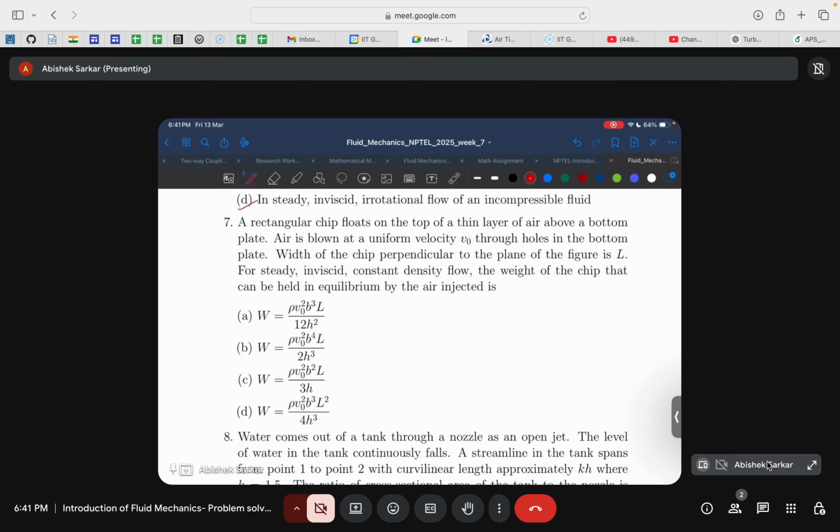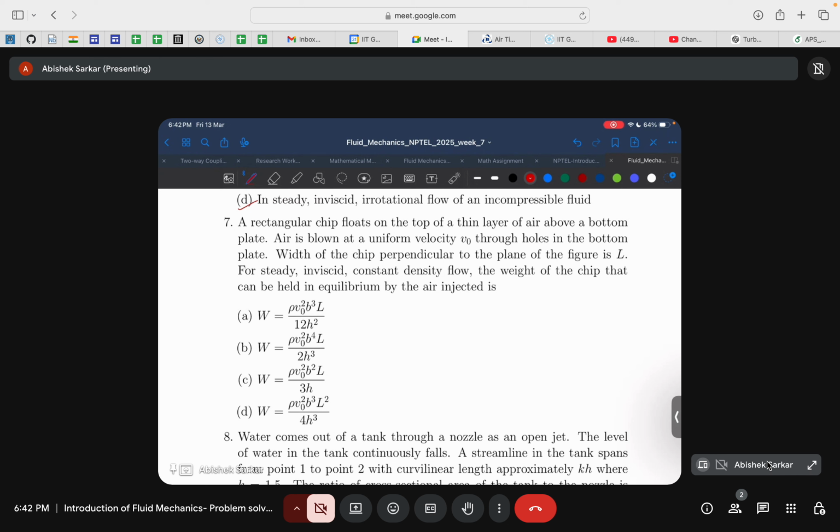Okay, so the question is: a rectangular chip floats on top of a thin layer of air above a bottom plate, and air is blown at a uniform velocity v0 through the holes in the bottom plate. It's similar to what we discussed in the previous class, where there was a porous wall and velocity was injected through the pores.